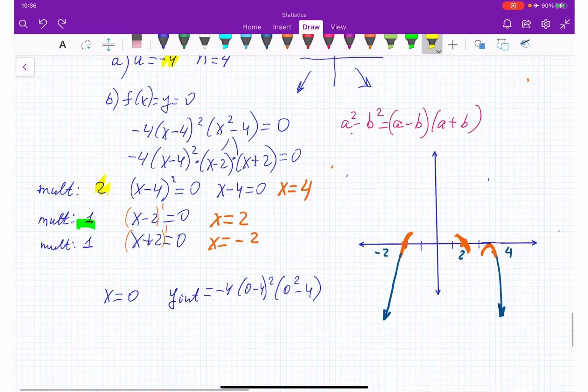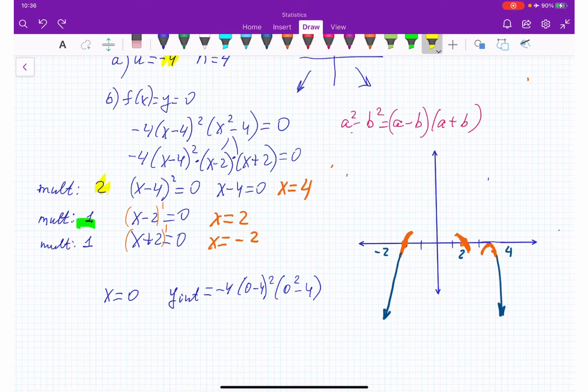Okay, and the result is we get -4 times -4 squared, which is 16, times -4. So it's going to be positive, 16 squared, I think, is 256. Wow. I think it's 256, 16 squared.